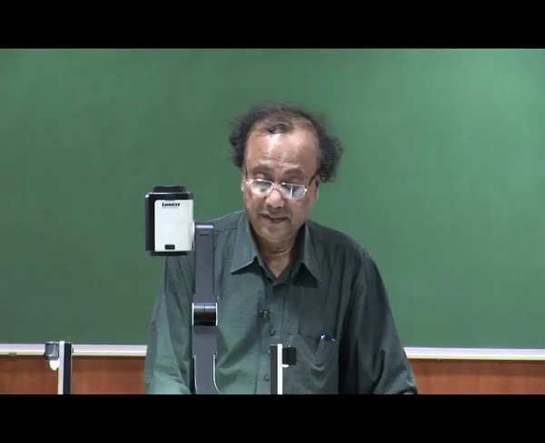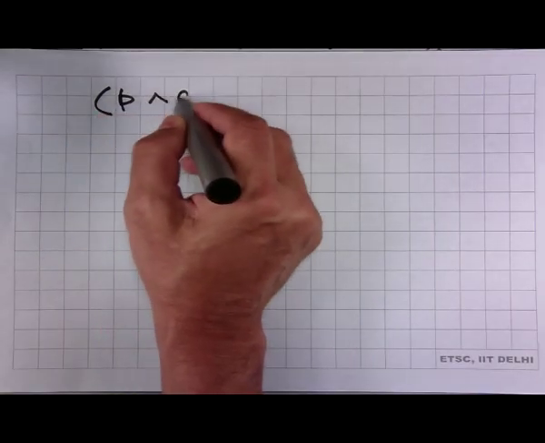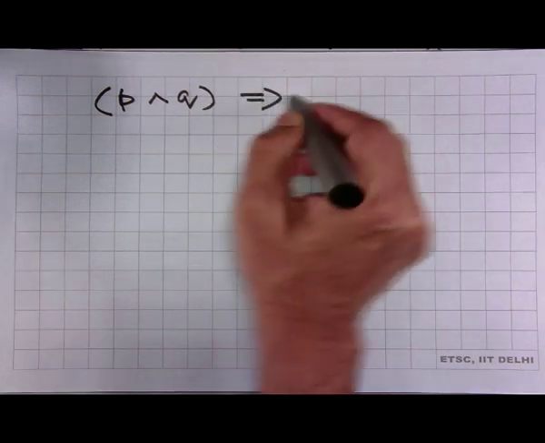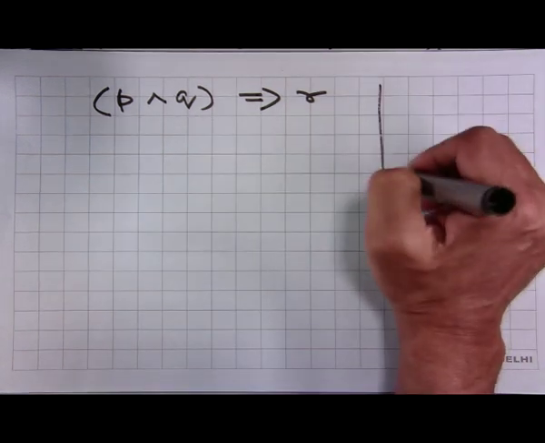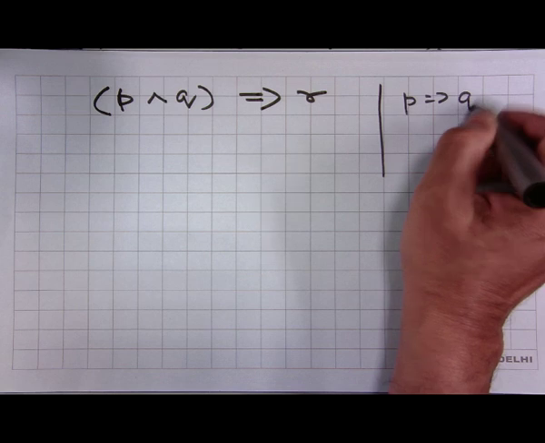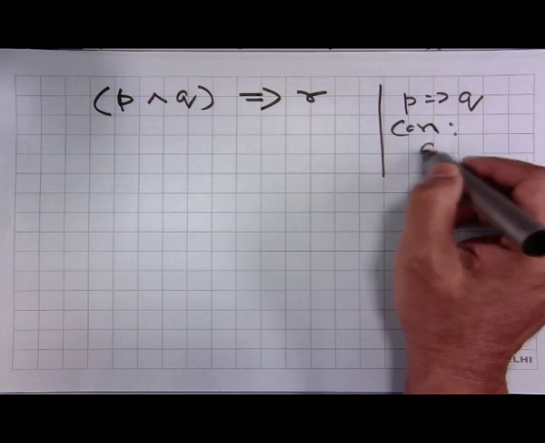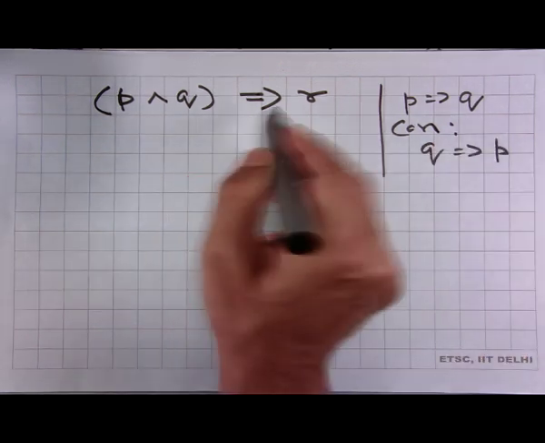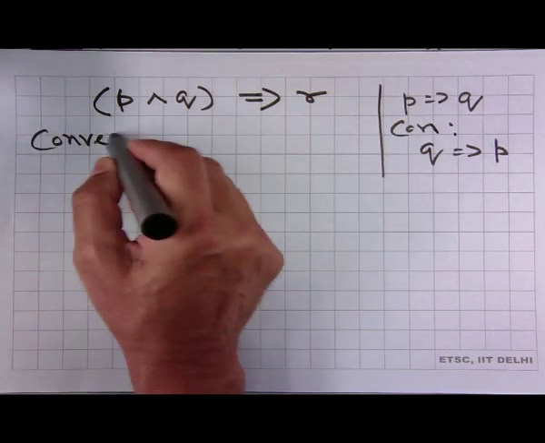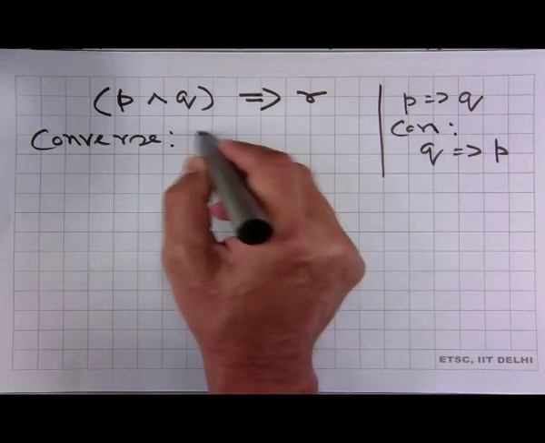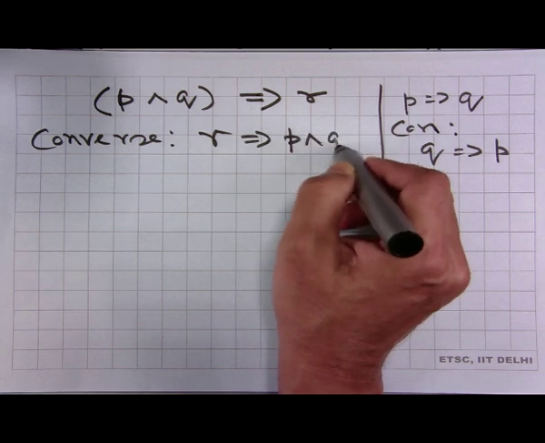So, we have P and Q implies R. We know that if P implies Q, then converse is Q implies P. Therefore, its converse is R implies P and Q.